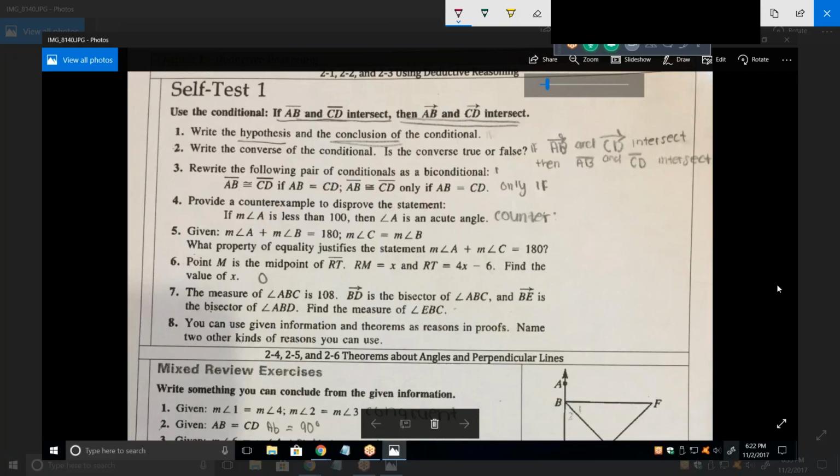Remember your properties of equalities, the reflexive, the transitive, all of those. Which one is this? Transitive? My first answer was substitution. But they're like the same thing, right? I think they are. You'd have to look it up.